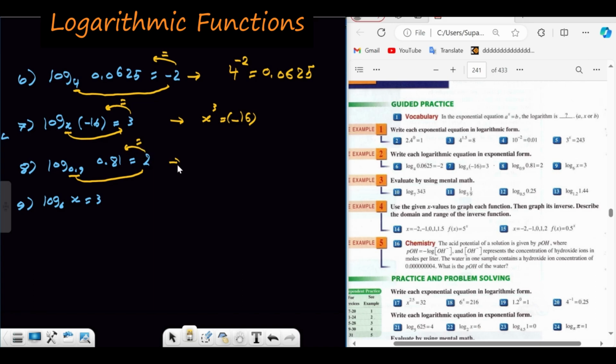So it will be 0.9 to the power 2 equals 0.81. And in here we have log base 6 of x equals 3. So 6 to the power 3 equals x. That's how we convert. That's how we write a logarithmic equation in exponential form.